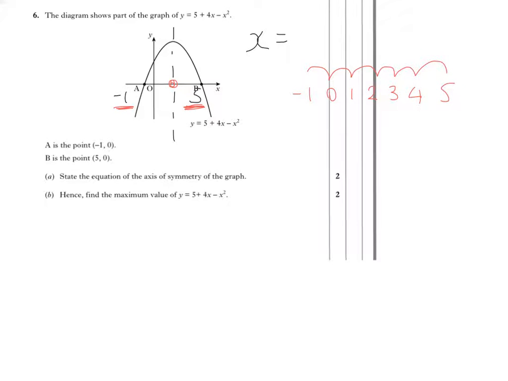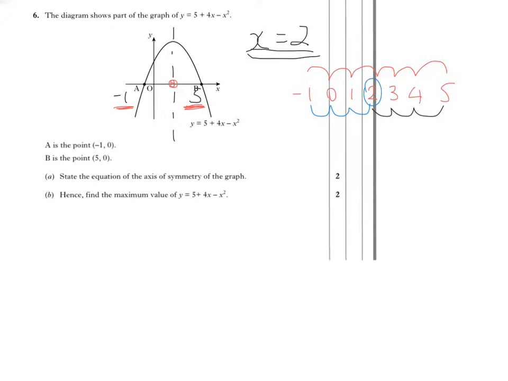So to get halfway in between, we're counting on not 6 units, but 3 units. So 3 units on from -1 is 1, 2, 3, and that's x equals 2. It works if we go backwards from 5 as well, as expected: 3 units back, 1, 2, 3. Just take your time with those questions, they're pretty easy if you think about them. Halfway in between -1 and 5 is 2. Therefore, the equation of the axis of symmetry is just x equals 2.